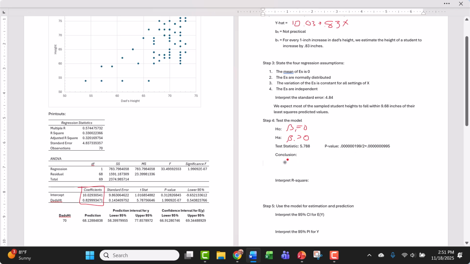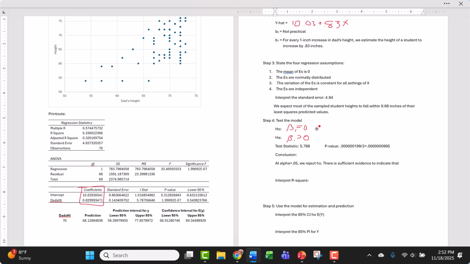And then our conclusion is going to be, well, the first thing we got to do is pick an alpha. I'll pick 0.05. We reject H naught. There is sufficient evidence to what? Well, we're going to say beta 1 is greater than 0 when we do a test hypothesis.